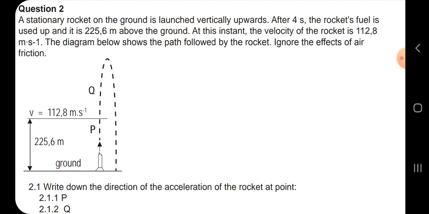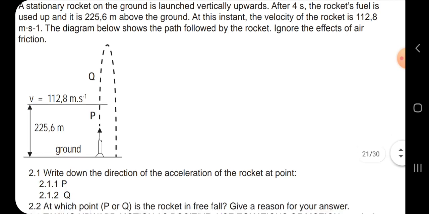And then we have a velocity of 112.8, which is positive. So we have initial velocity, displacement, and then acceleration due to gravity, so our acceleration will be 9.8. Remember, in the formula sheet you are given 9.8 as acceleration due to gravity.